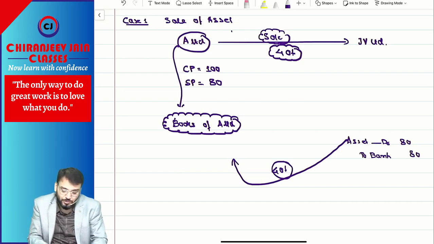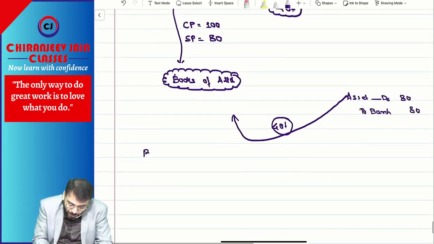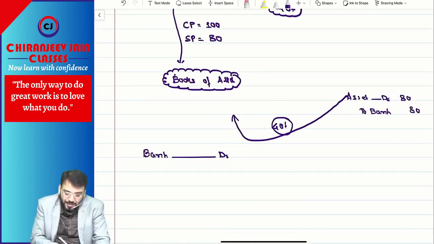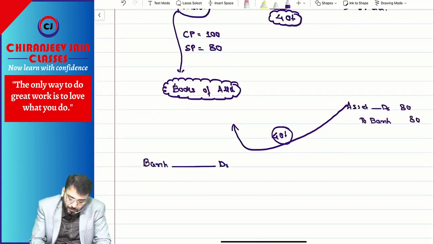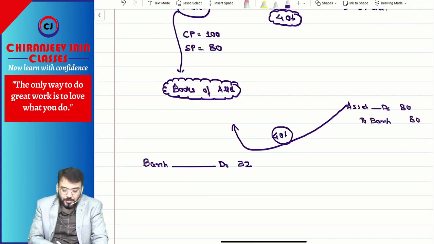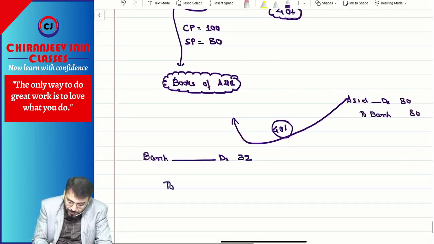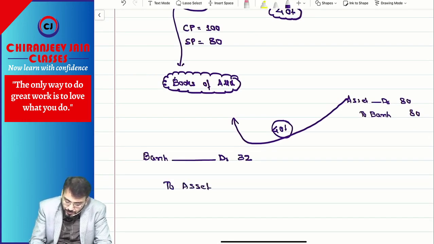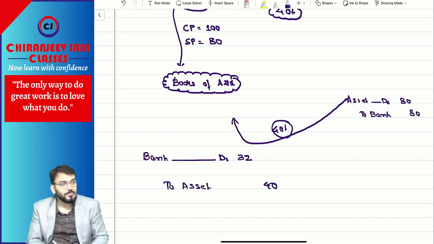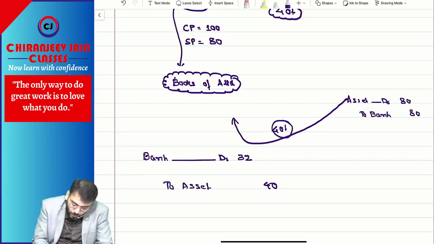Correct. So what journal entry should we do? It should be bank account how much? 80 into 40%, how much? 32. To what? Asset how much? 40. 40%, na? And there will be loss how much?